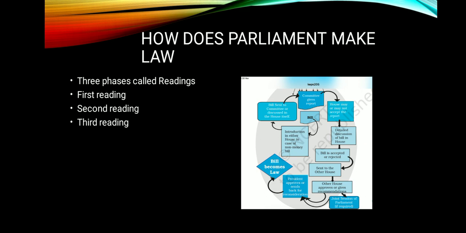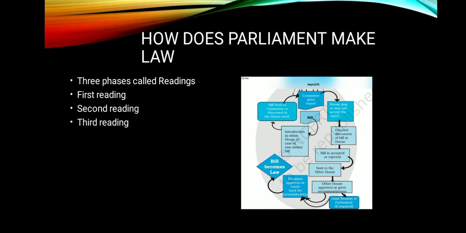If the bill gets majority or support of more than 50% of members, then the bill is considered passed. In some bills, there is a provision of special majority. Special majority means two-third majority. But it depends on the bill, what type of bill it is.